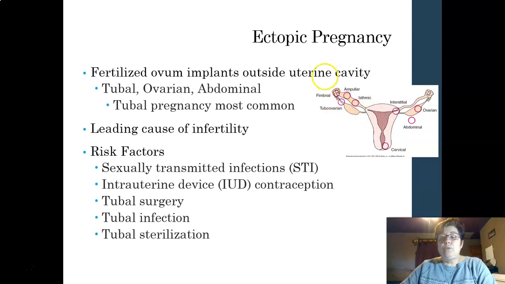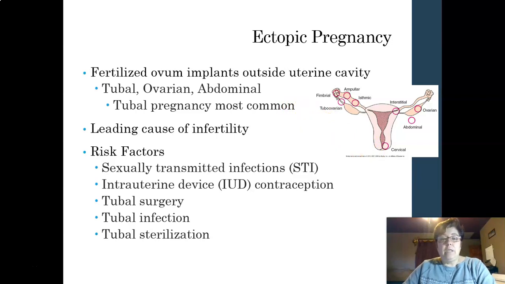Well, what happens with an ectopic pregnancy is the egg and the sperm fertilize, but for some reason it does not travel through the tube and fall into the uterus. It may go backwards and fall back out of the tube and actually try to implant in the abdominal cavity or on the ovary.